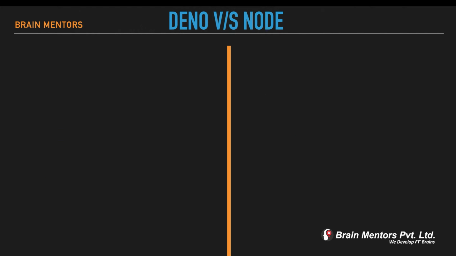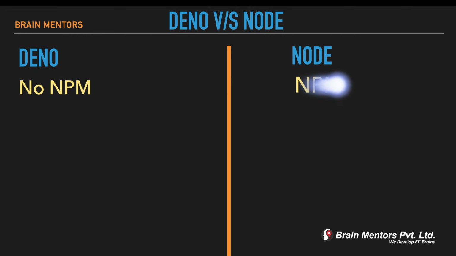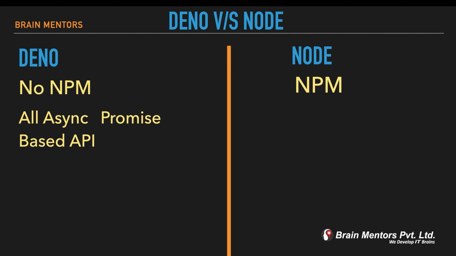Finally, now time to see the difference between Deno and Node. Deno does not use npm, it uses module references as URL or file path. Node is using npm, that is the node package manager, to pick third-party packages. Deno APIs are based on promises, whereas Node APIs are based on callbacks.